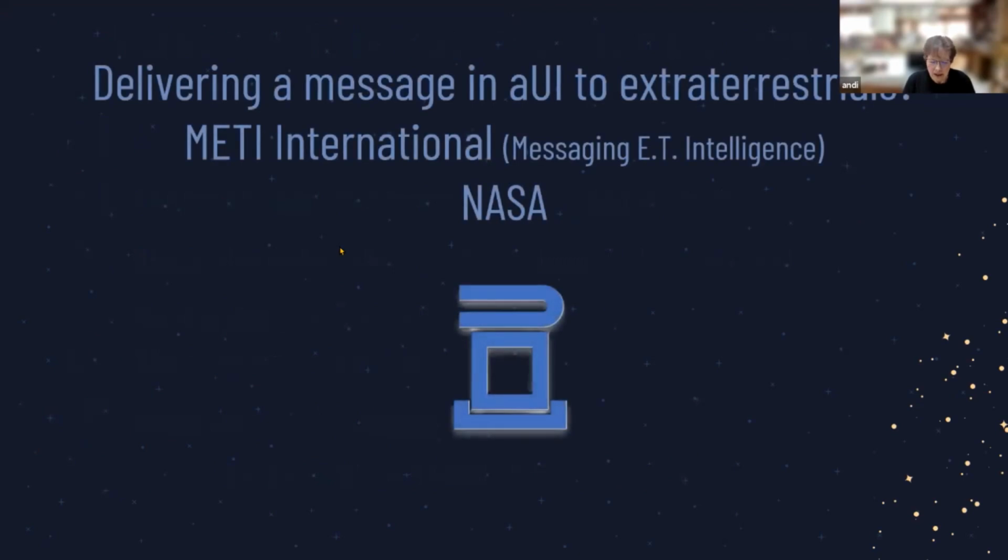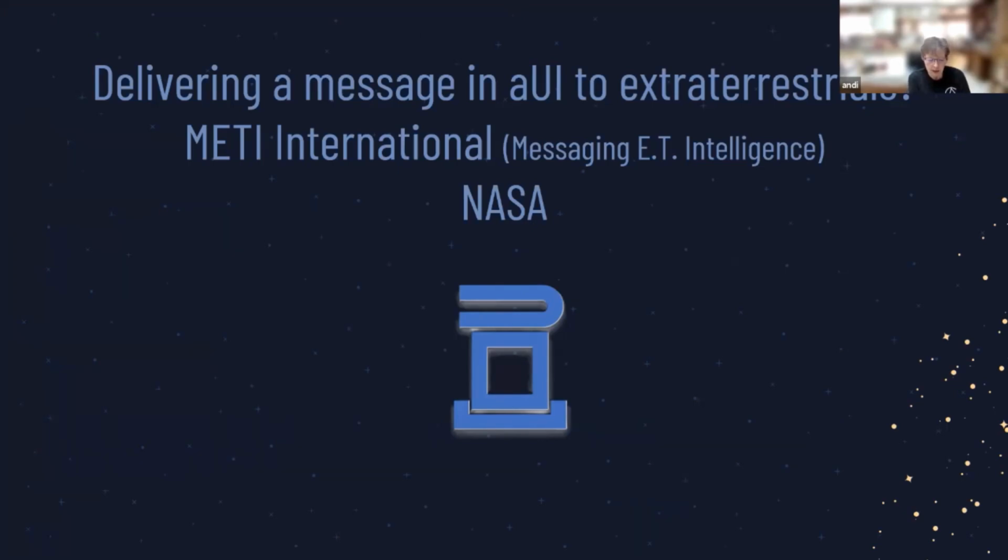And yeah, to conclude, there is a team from METI International, that is the Messaging Extraterrestrial Intelligence, helping NASA create messages, and they've asked aUI to be included in these messages that are going to be put on spacecraft.